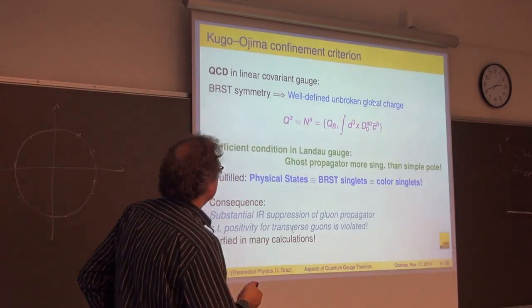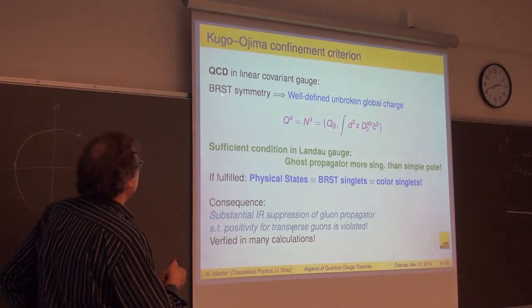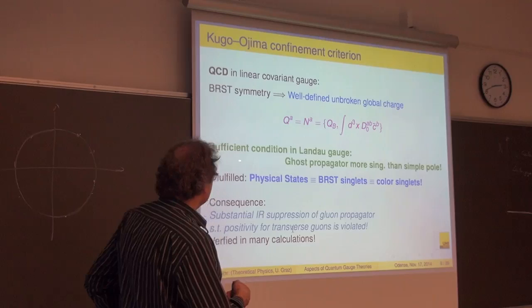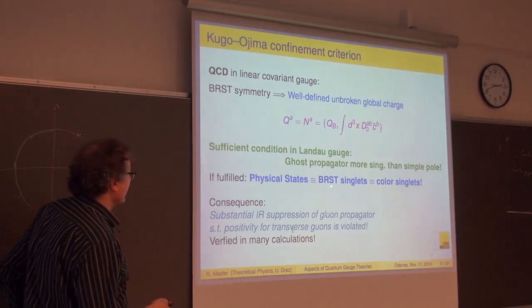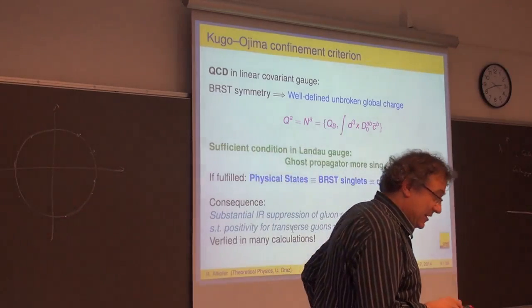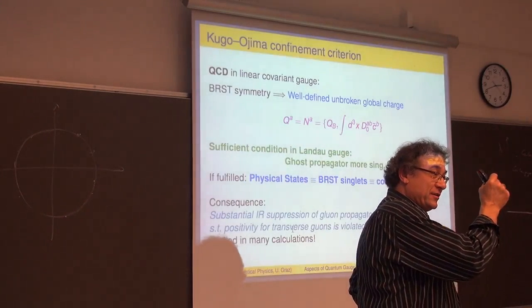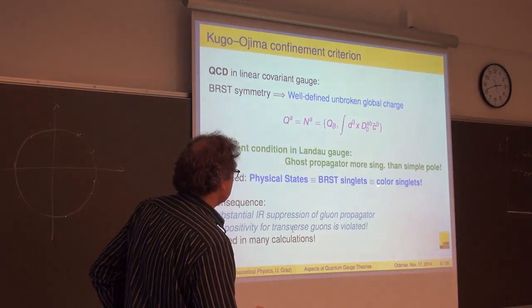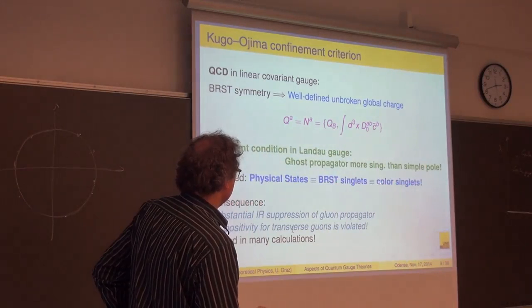If you have this global color charge, then you use a construction known as BRST cohomology to show that all the physical states are BRST singlets. As a BRST transformation is nothing else than a gauge transformation with the ghost field as a parameter, BRST singlets are necessarily gauge singlets, color singlets.